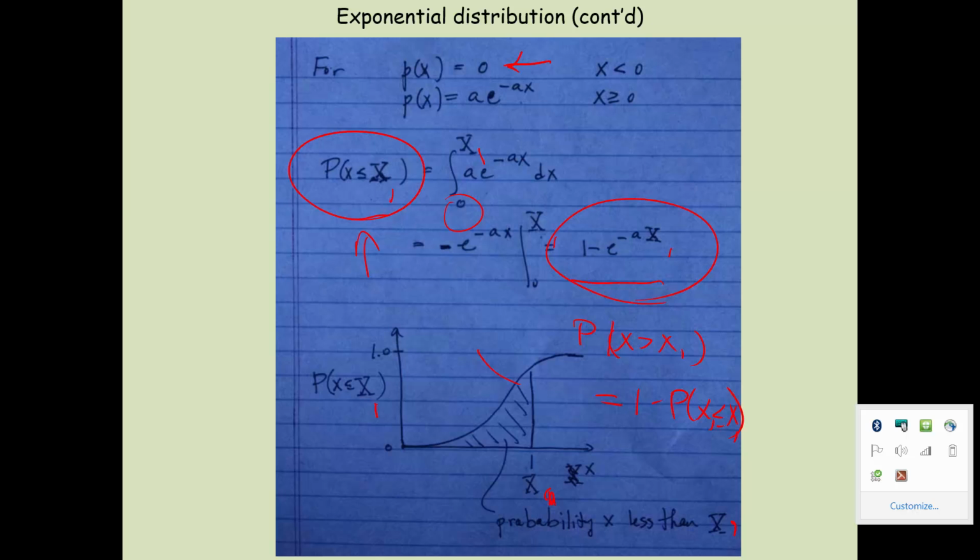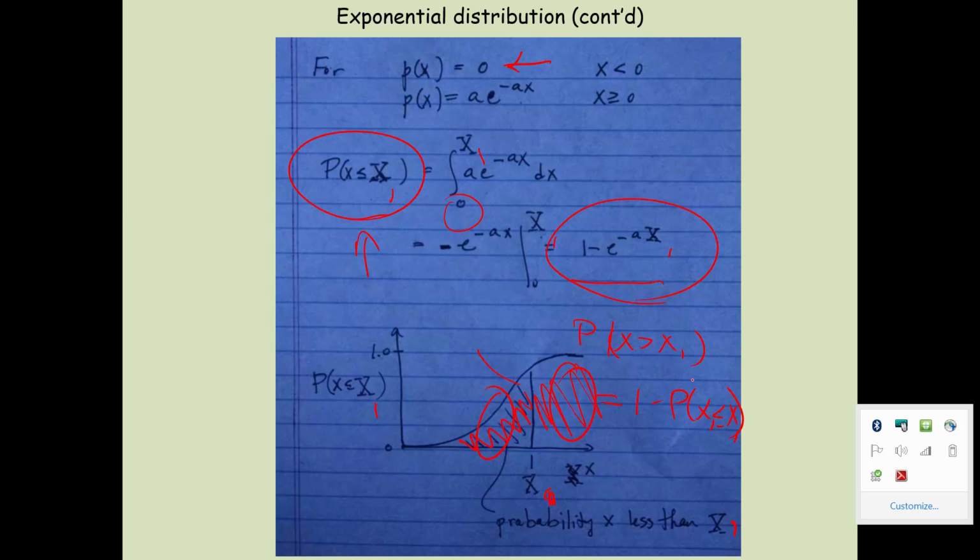So the quantity to the left of x1, this part right here, is just the complement of the area on this side. The sum of those two areas should be equal to 1.0.